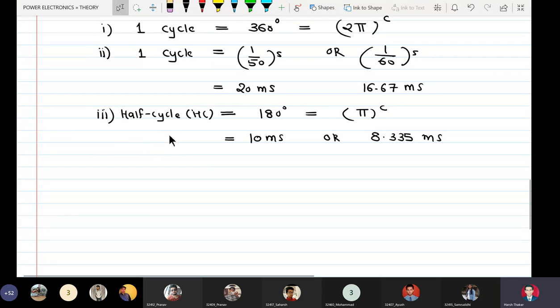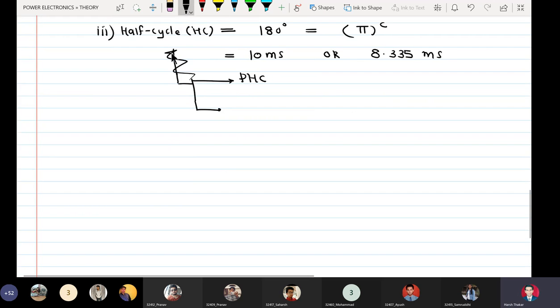And we know that we have two types of half cycles: a positive half cycle and a negative half cycle. Okay, I'll put it another way.